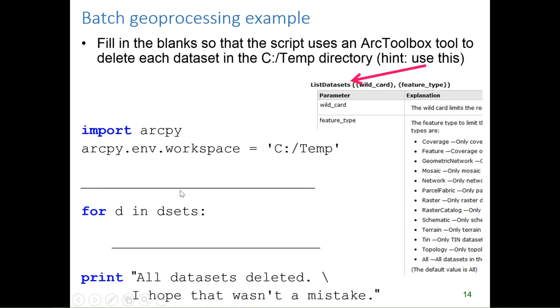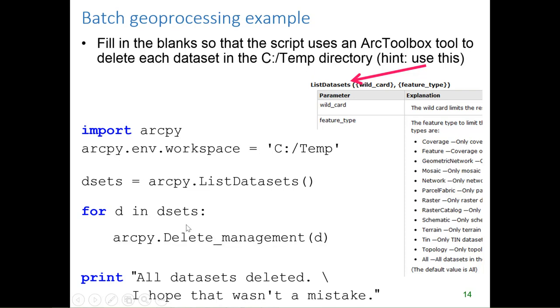So what are you going to put on these two lines? First line should use this hint, and set it to dsets, because that's what we're using in our loop down here. arcpy.ListDatasets. We're not using any arguments because we want to list all the data sets.